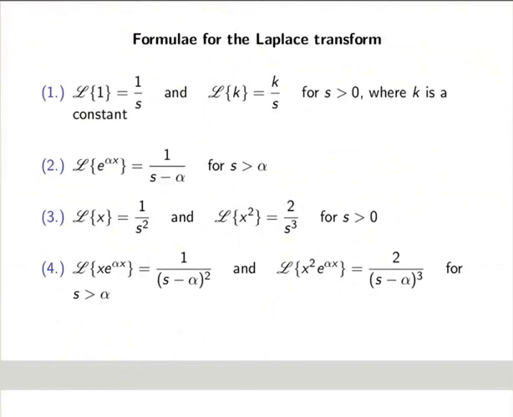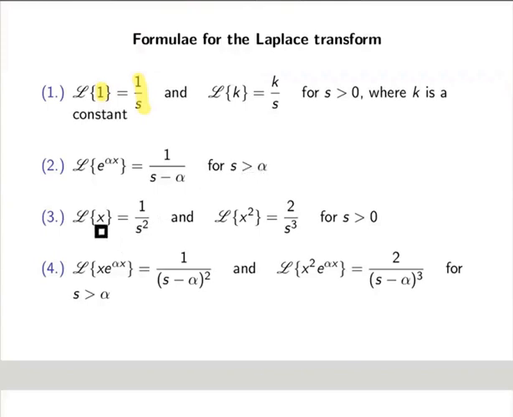We saw last time in an example that the Laplace transform of 1 is 1 over s. And using the linearity of the Laplace transform, the Laplace transform of k is k times 1 over s, the same as k over s. And the Laplace transform of the exponential e to the alpha x is 1 divided by s minus alpha. And as usual, we have the condition on the variable s here.